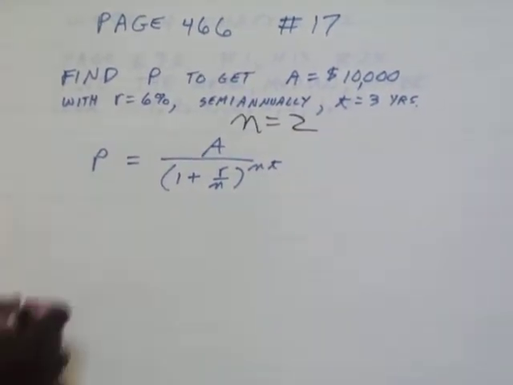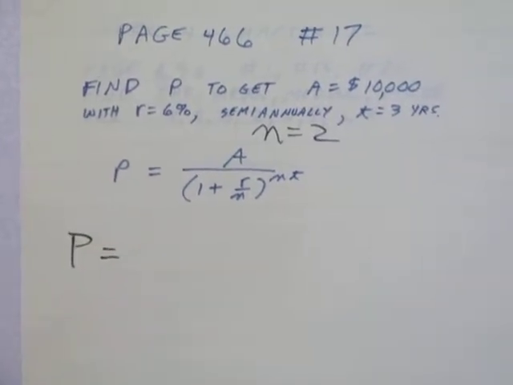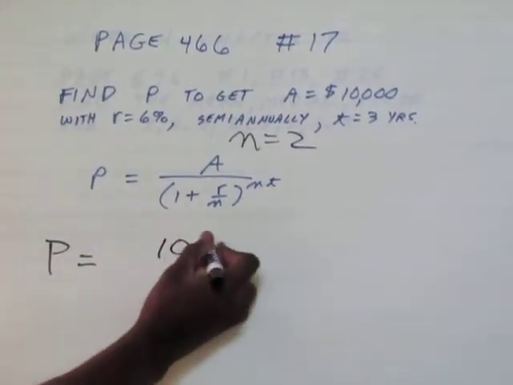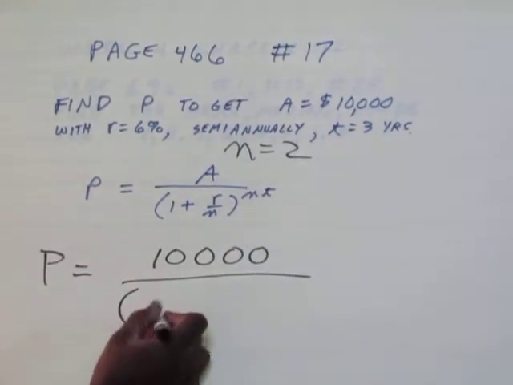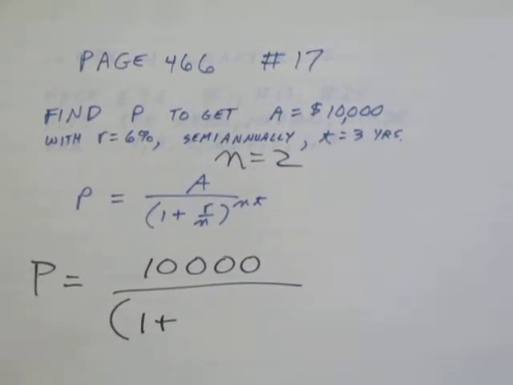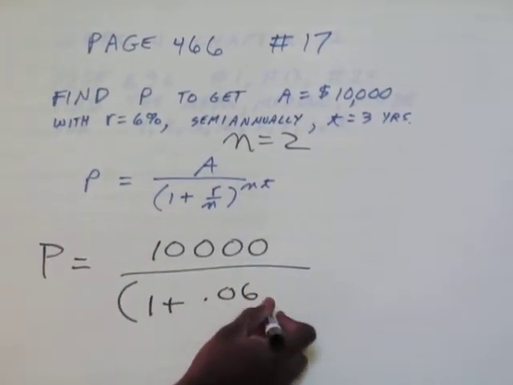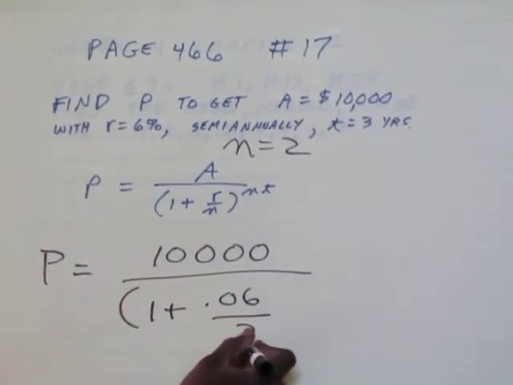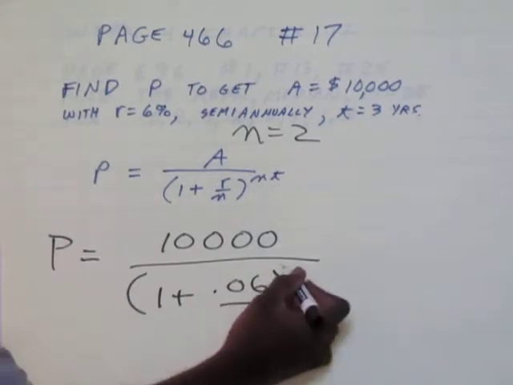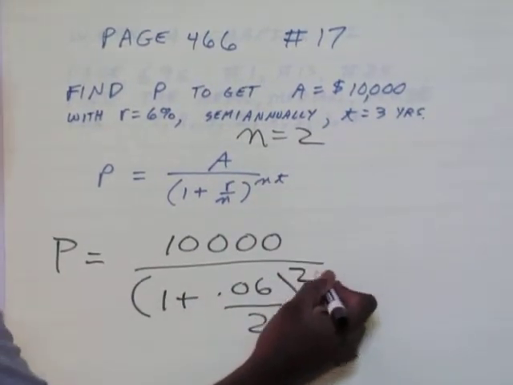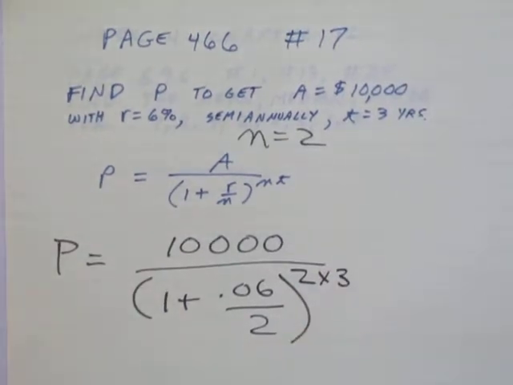Let's plug into our formula. P is 10,000 divided by 1 plus 6%, which is 0.06, divided by 2, and our exponent is N times years, 2 times 3.